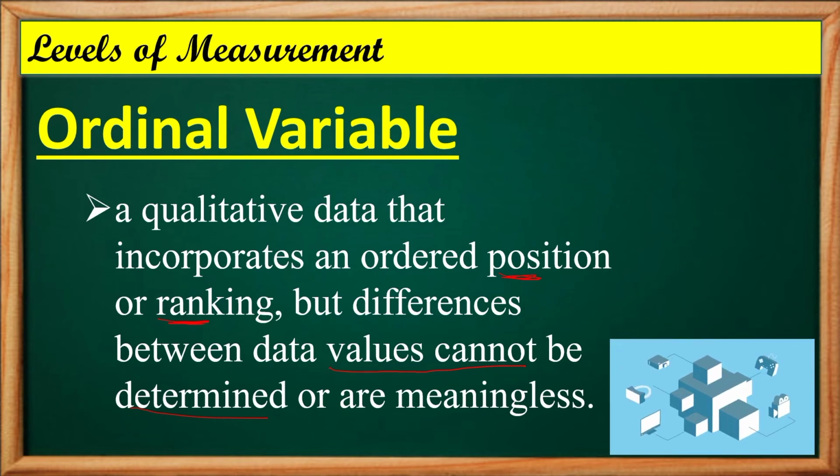Yan, low income, middle income, high income. Okay, ordinal, it means naka-ranking. What is your educational attainment, educational level? Elementary, high school, college, master's degree, doctorate. Ayan. That is the ordinal variable.